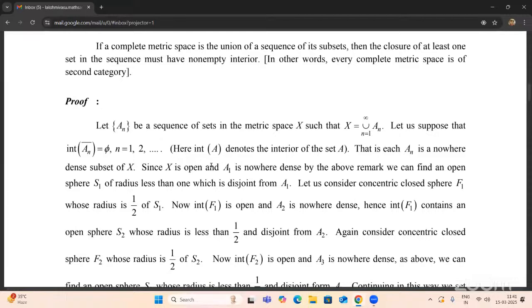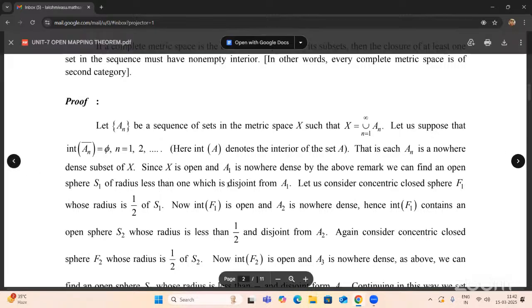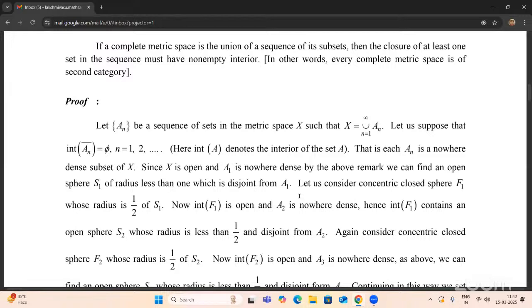Since X is open, A1 is a nowhere dense set. By the above remark, we find an open sphere S1 of radius less than 1 which is disjoint from A1. The concentric closed sphere is F1, whose radius is 1/2 that of S1.